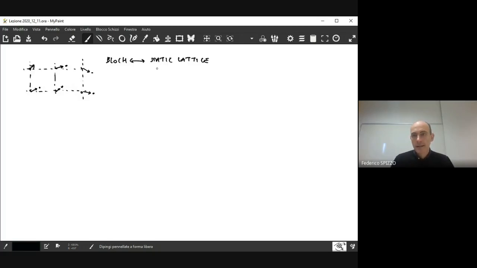So the idea is that this additional degree of freedom for the ions, the possibility that they oscillate with respect to the equilibrium position, may be a source of instability for the Bloch wave function, irrespective of the shape of that wave function, whether you find it in the free electron approximation, in the tight binding approach, or using another method.